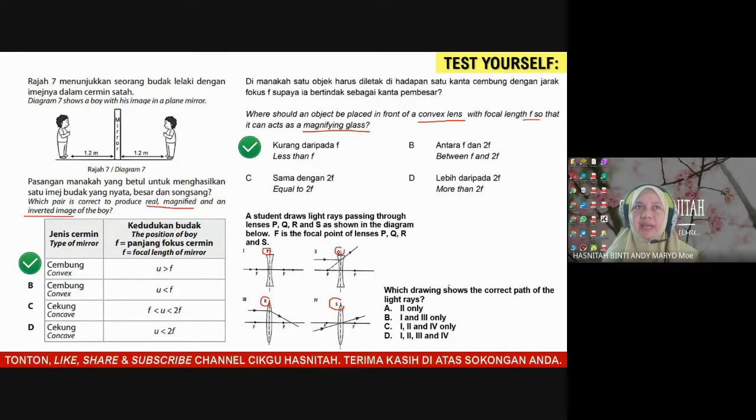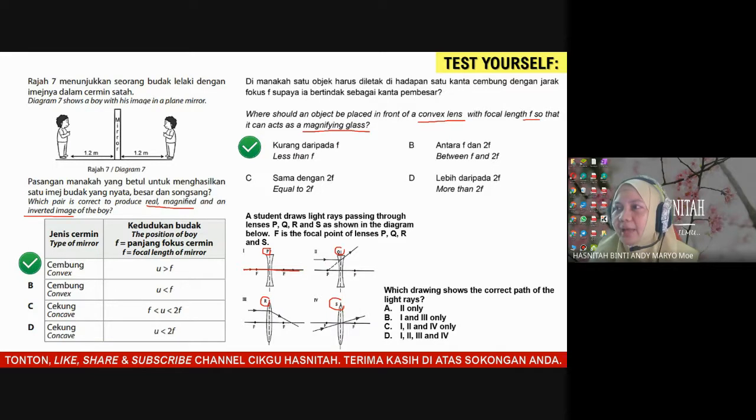This is related to the rules of drawing ray diagrams for convex and concave lenses. Number 1, correct or not? Can you see the light ray? It is passing through the principal axis and continues to travel along the principal axis.